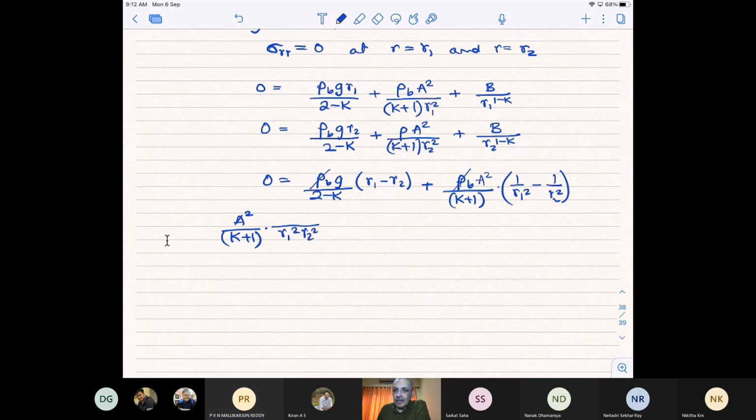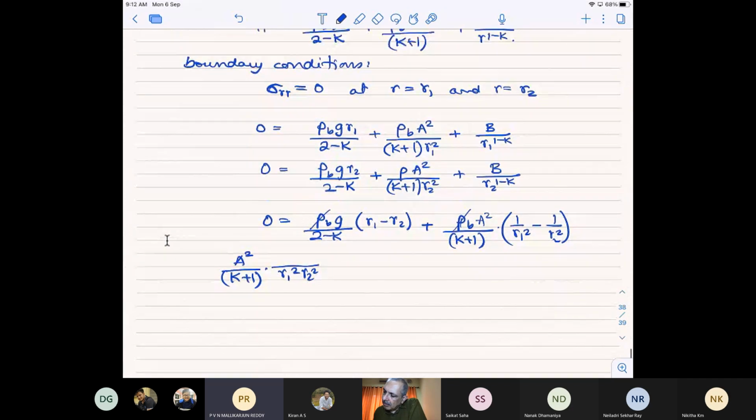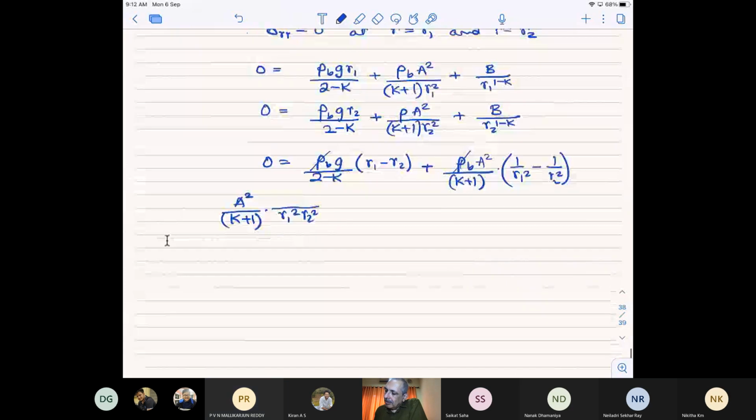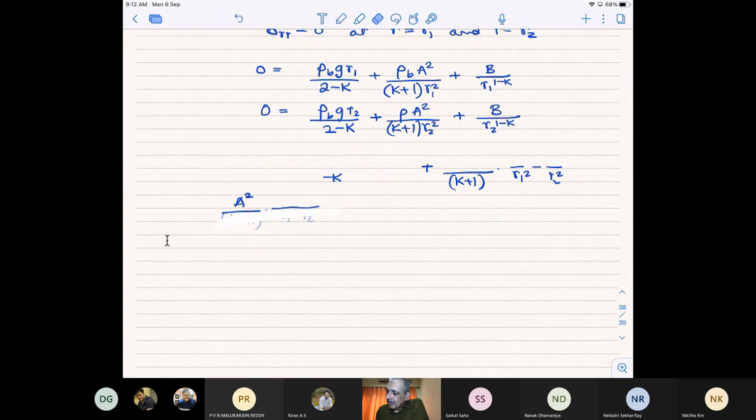Yeah, we have to multiply equation 1 by r1 to the power 1 minus k and equation 2 by r2 to the power 1 minus k, and then it will be 0, right? The subtraction. Right, I made a mistake in that. Thank you, I was going totally wrong. Okay, let me go back.